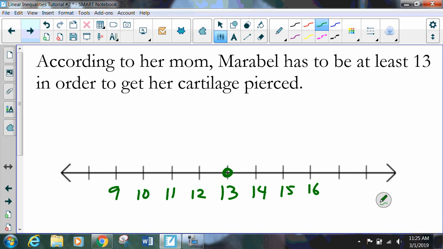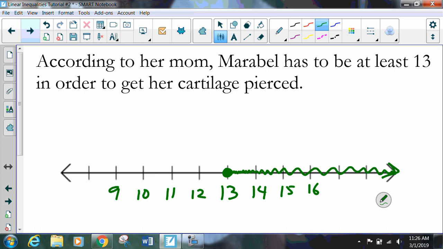So 13 is part of our solution. Can she get her cartilage pierced when she's 13 years and 1 day, and 2 days, and 13 and a half, and when she's 14, when she's 15? Absolutely. She can get her cartilage pierced. Once again, this is one of those where technically we should have an ending point because Mirabelle's not going to live forever, unless she's a robot that can keep getting fixed.